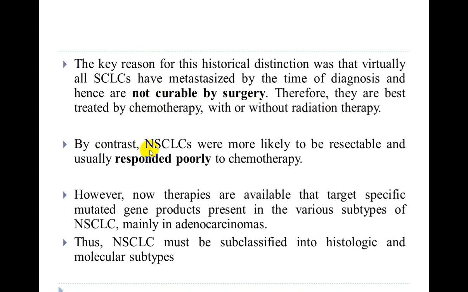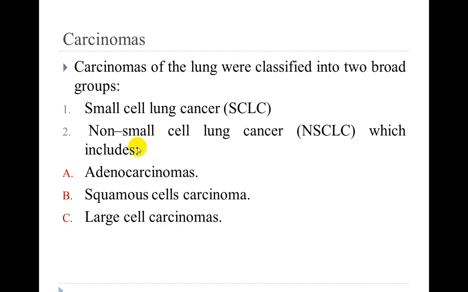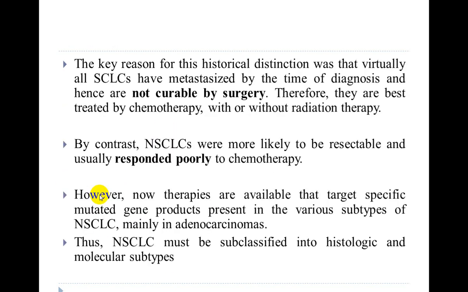By contrast, non-small cell lung cancers, all three of them share this feature: they are resectable, forming a central mass in the lung, and usually are not found to be metastasized at the time of diagnosis, and hence surgical resection is the appropriate method to get rid of the tumor.